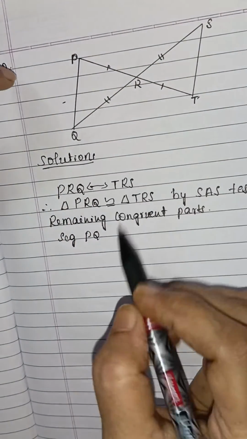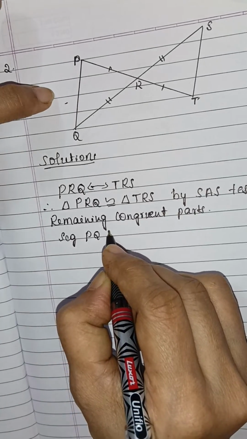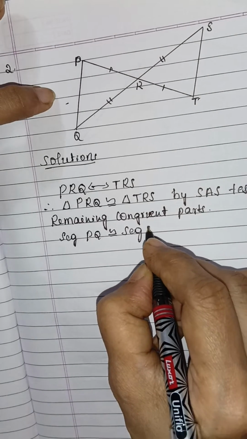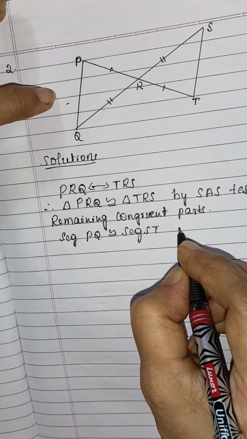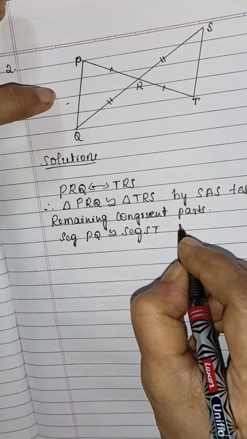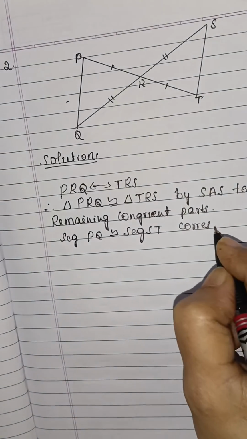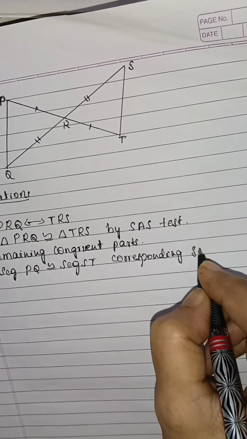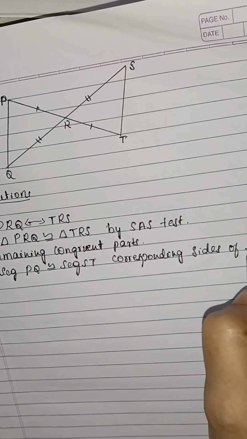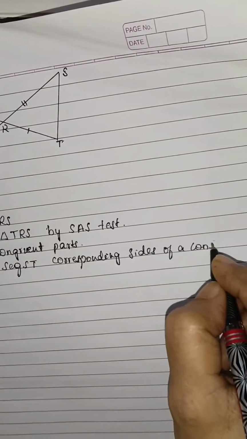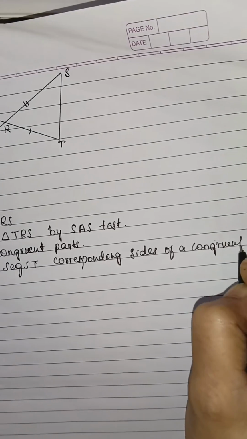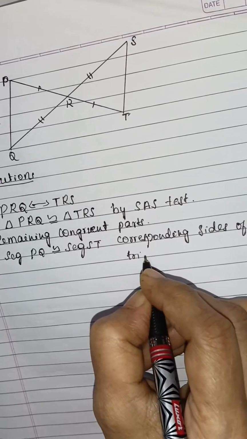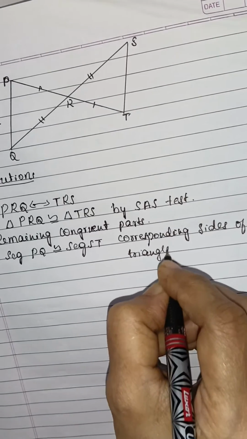Segment PQ is congruent to segment ST. These are corresponding sides of congruent triangles.